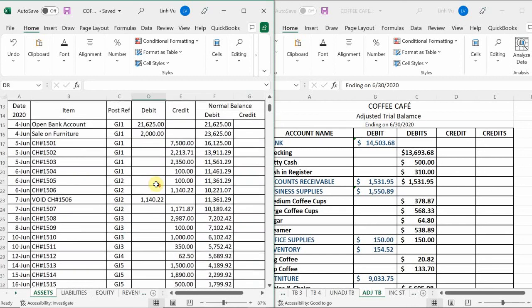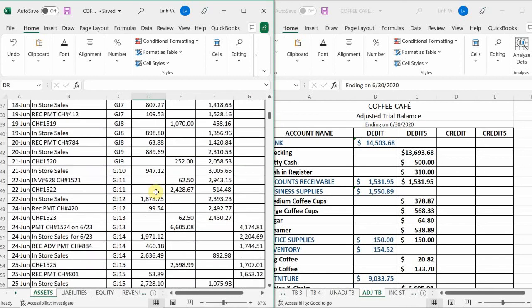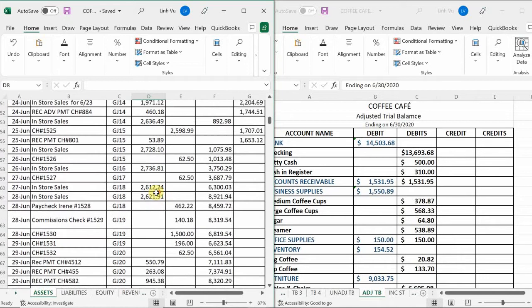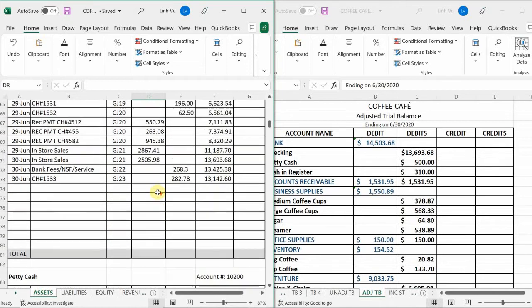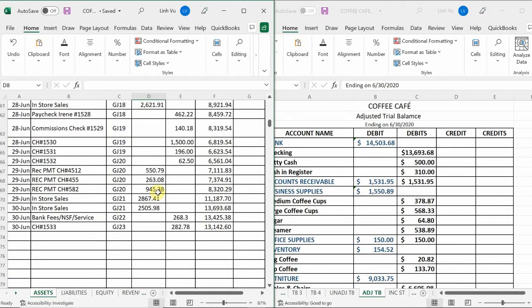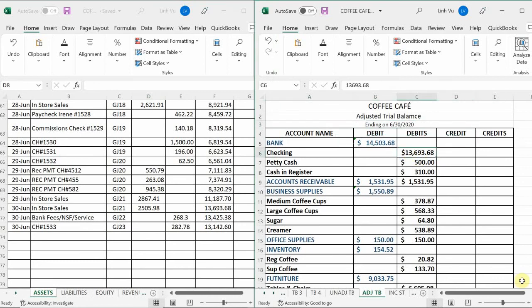So starting with the first one, my checking account, right? We made some adjustments. So right now my checking account has 13,142.60. Okay? So that has changed my total amount in my bank account.